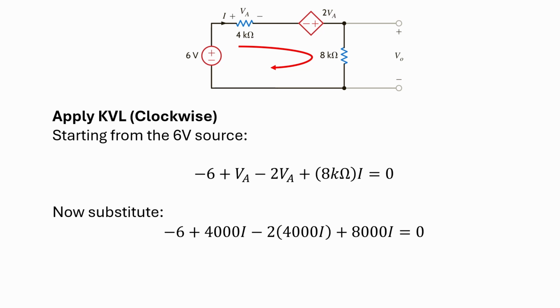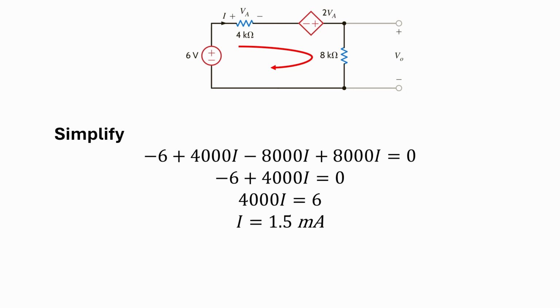Next, we apply Kirchhoff's voltage law, or KVL, in a clockwise direction around the loop. Starting from the 6-volt source, our equation looks like this. When we substitute our expression for V sub A into this equation, it simplifies everything into a single variable. After simplifying the terms, we are left with -6 plus 4,000 I equals 0.